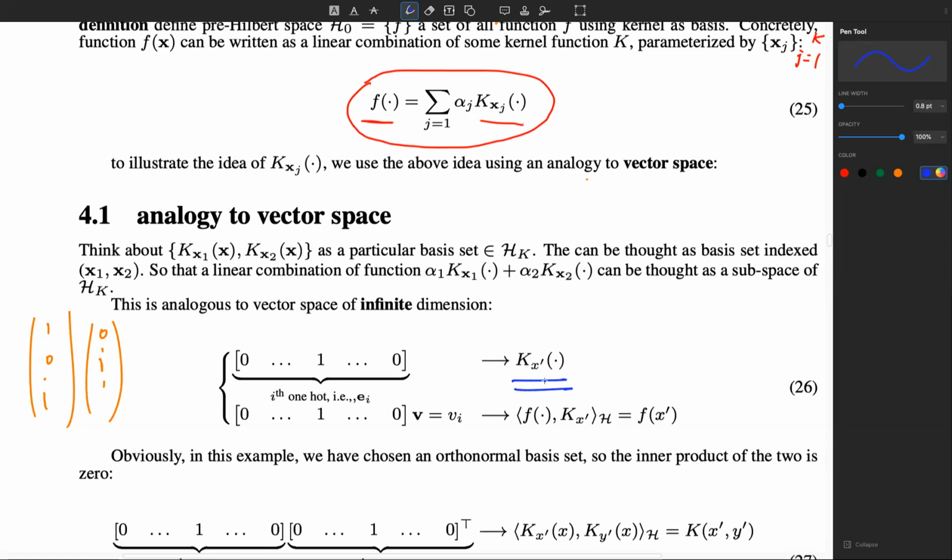Can I just ask, does the vector space basis also have a reproducing property if you design it this way? So what if I have a vector V, right? I have an infinite dimensional vector V. I want to get the ith element out of V. What do I do?